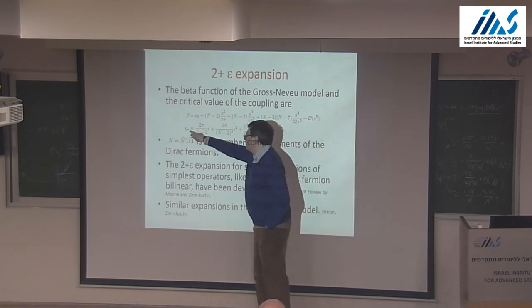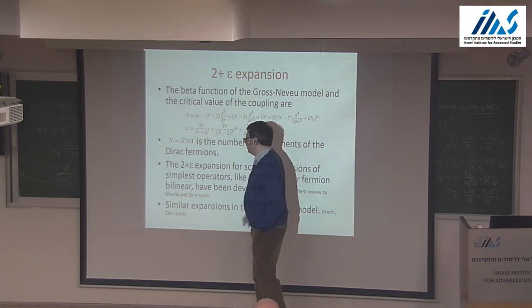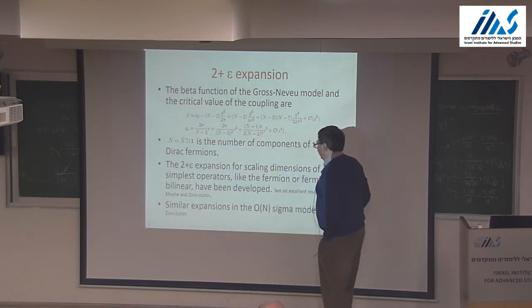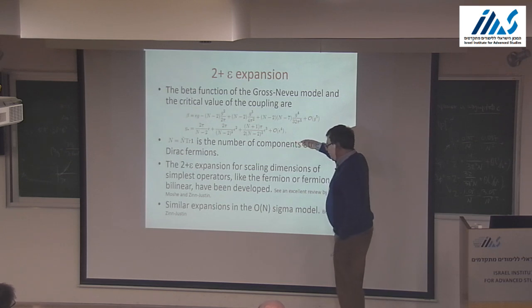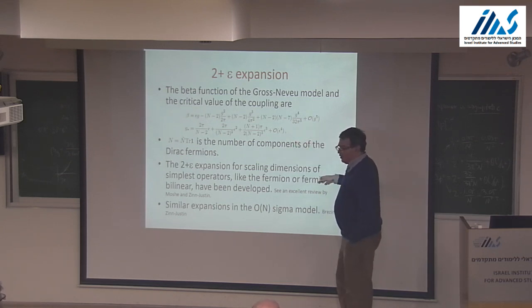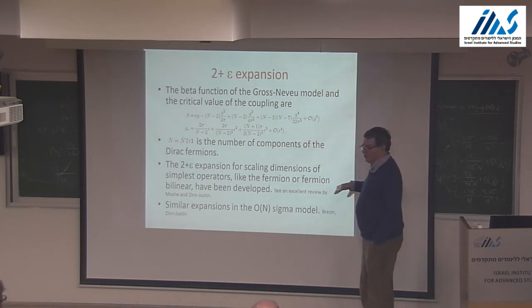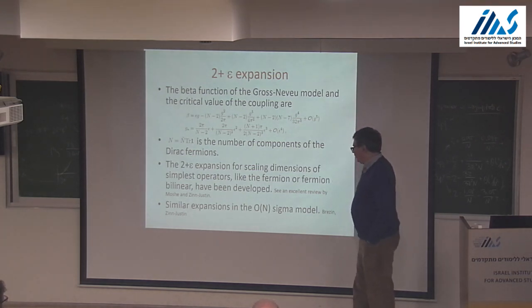So again, you see this feature that g star is of order 1 over n. This is a completely generic feature. And the whole story is pretty similar to the O(N) sigma model, which is also non-renormalizable above 2 dimensions. The whole story is very reminiscent of that.